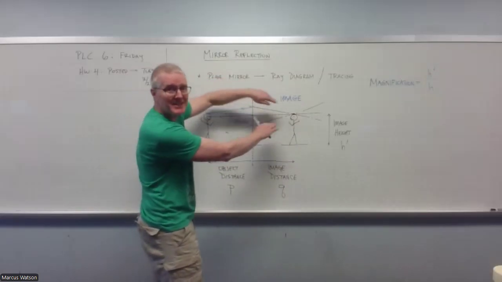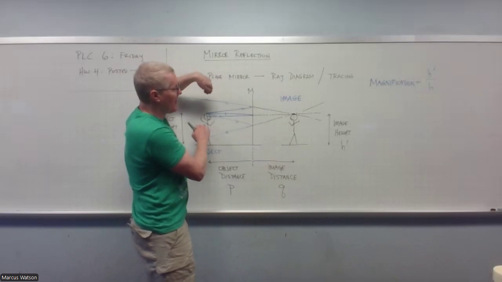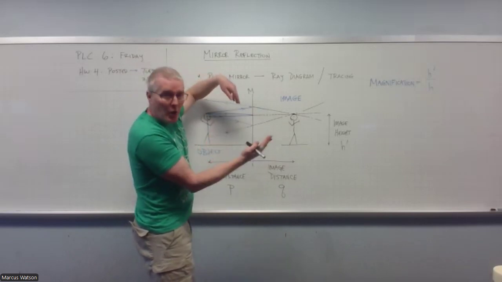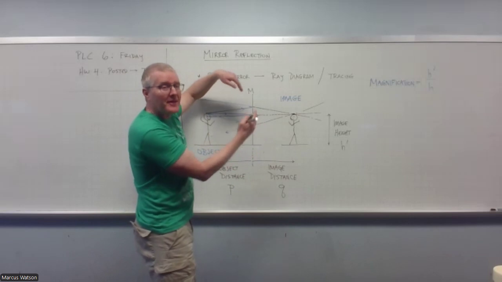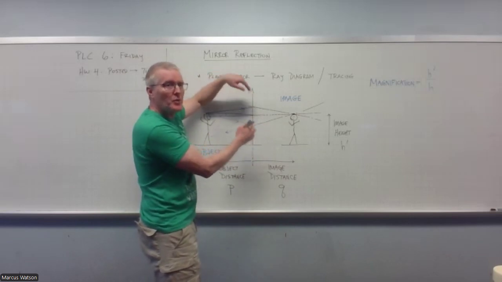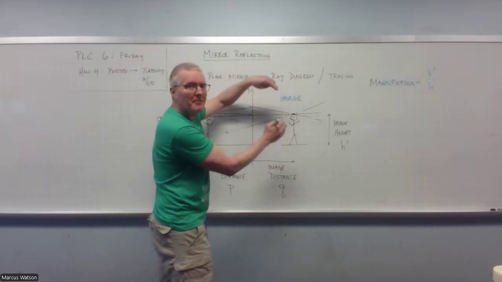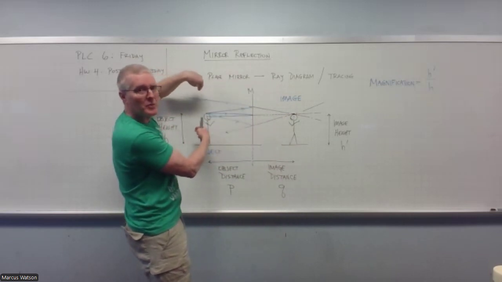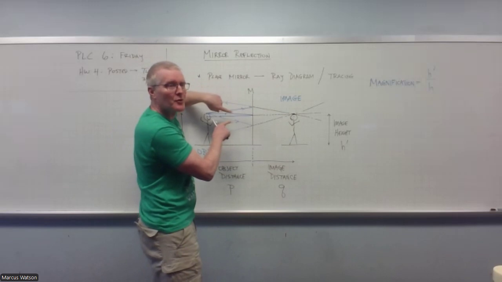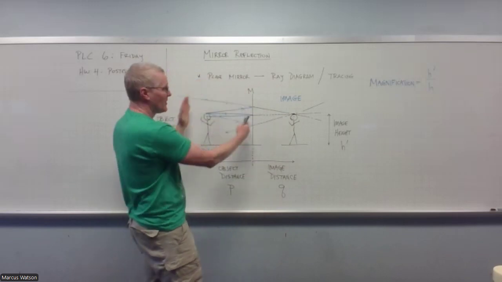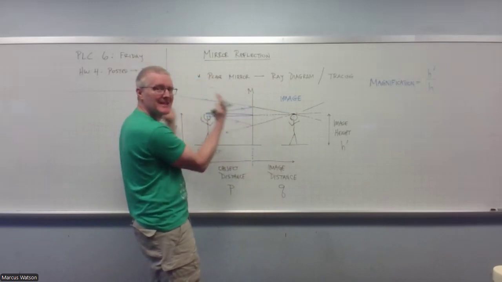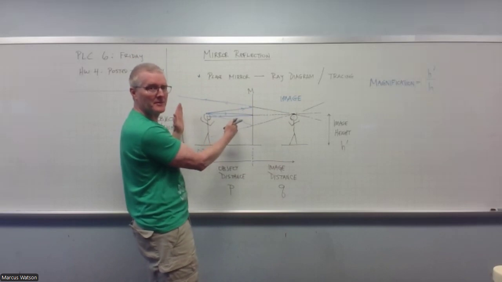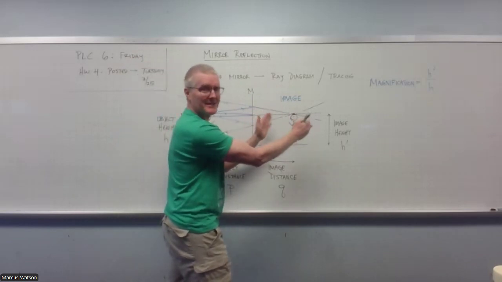That is an identical path. We know that there is a mirror here. And we know that there is no light behind the mirror that's coming through the mirror and taking this path. We know that the light is reflecting and all the light is contained to this side of the mirror. There is no light on this side of the mirror.